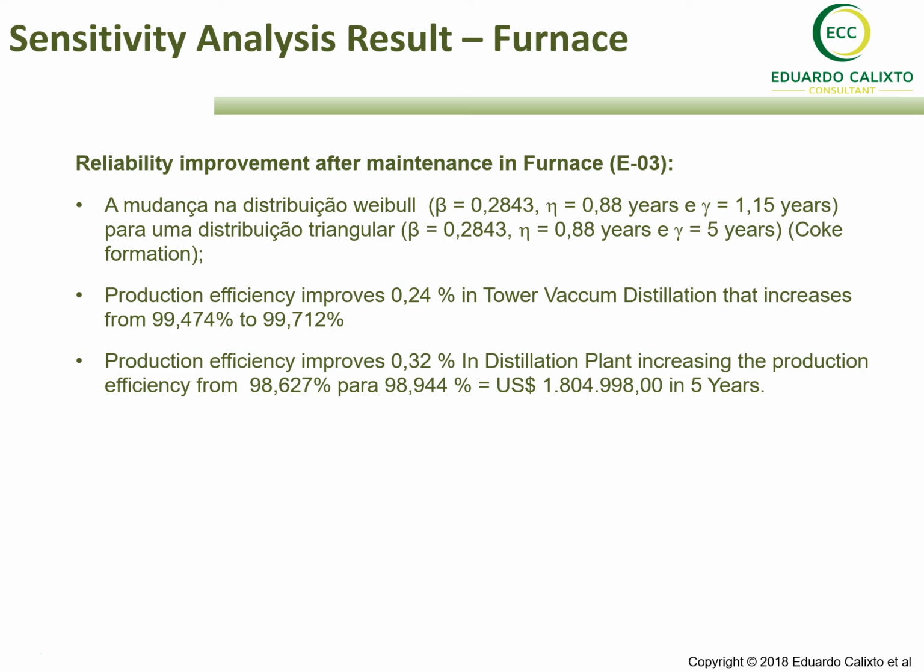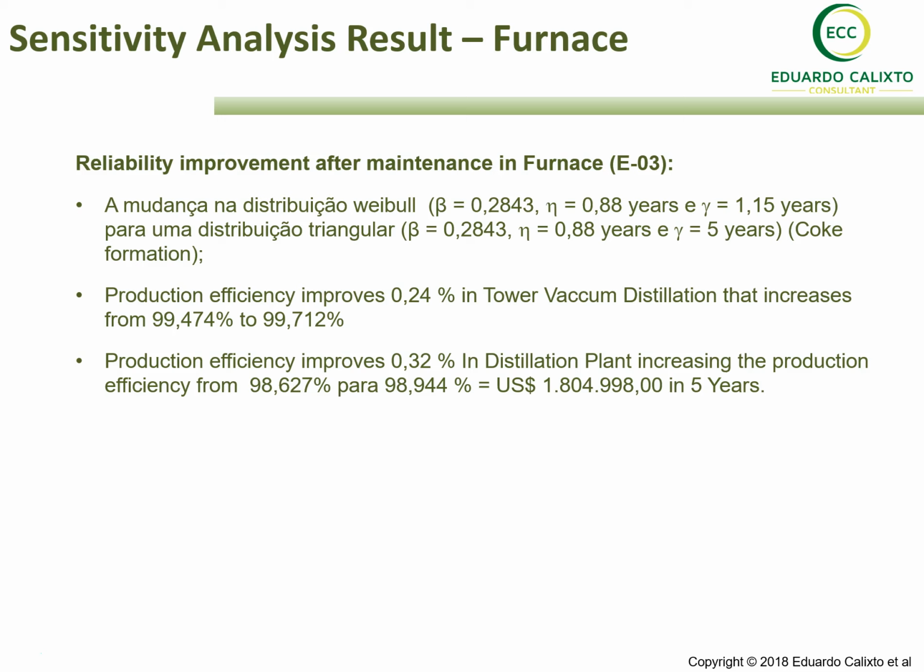It's important to notice that we need to implement the improvement in all this equipment. That's a very important aspect. We need to have in mind that the system reliability will be lower than the lowest reliability.